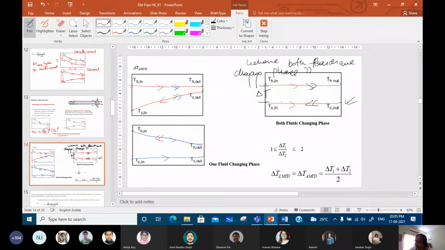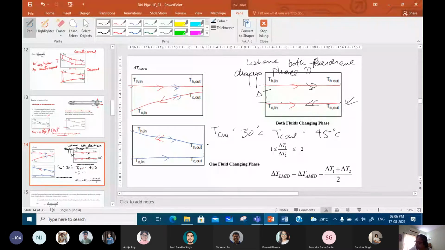Okay, that is fine. Now, if I ask you one more question, say the temperature differences are not much. I was just writing down a problem. Say I have the cold fluid, Tc in equal to 30 degrees centigrade and Tc out equal to 45 degrees centigrade.